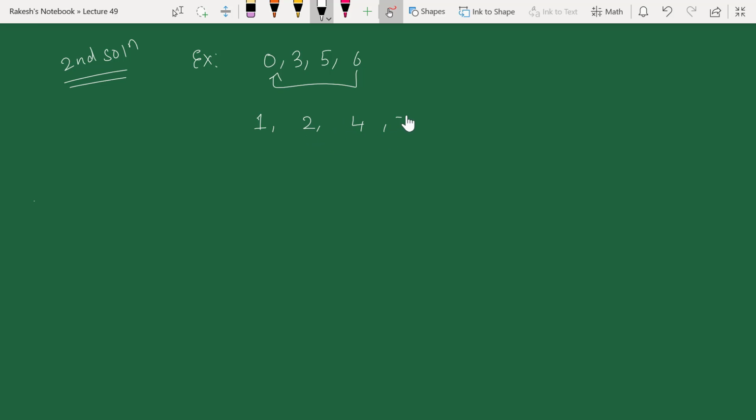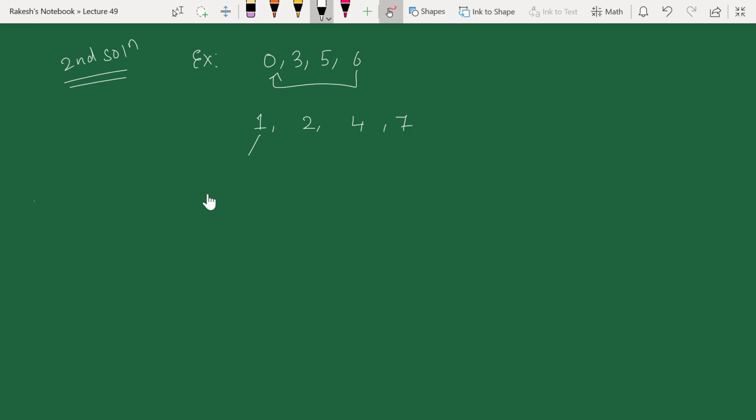Now we are going to see the second solution for the lockout problem, for the given example. So 0, 3, 5, 6 and 0 is our counting sequence. Invalid states are 1, 2, 4 and 7.